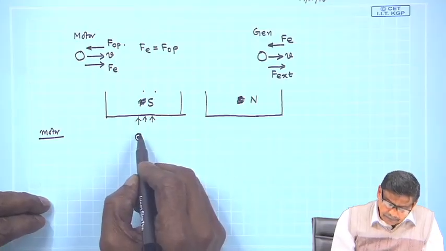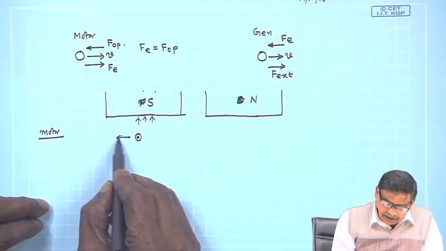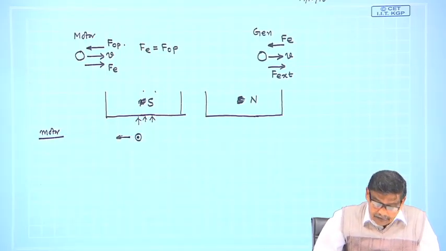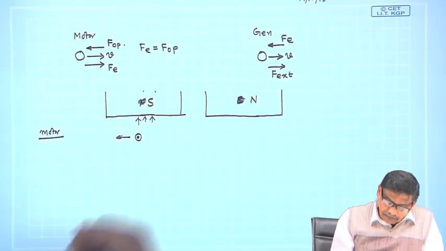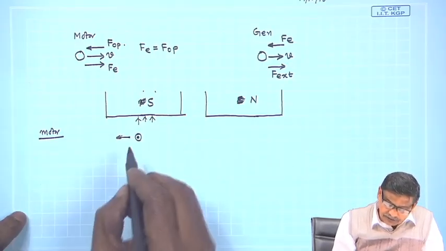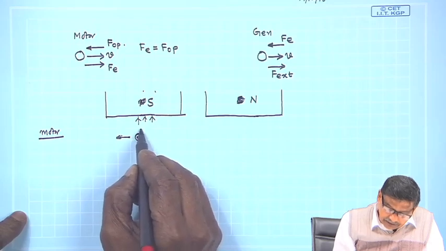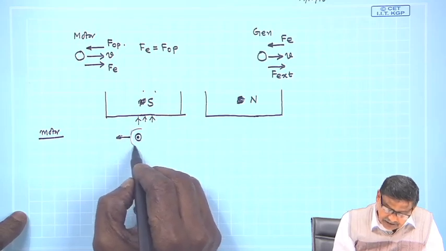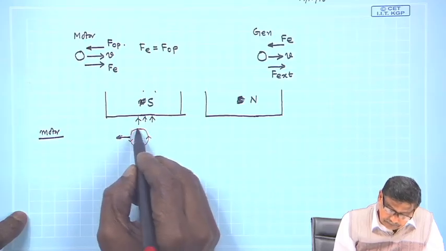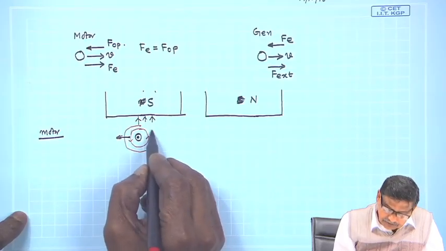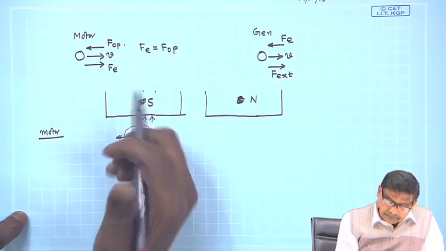This direction is achieved by applying the left hand rule, no doubt, but you can do another thing. When this conductor carries current, it will produce lines of force which will be like this.